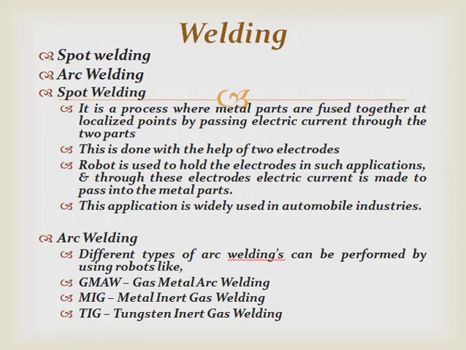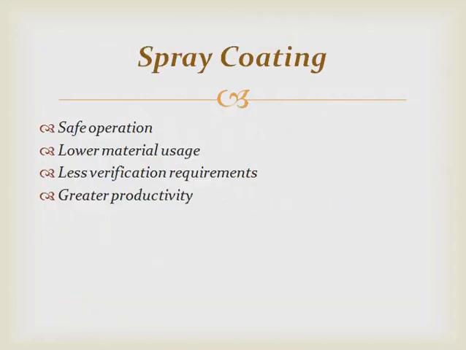If you use a normal worker in these areas, it is very difficult to work for a continuous period of time. So one alternative solution we can find here is, instead of a worker, we can use the help of robots. So we can find the application in the welding process also.